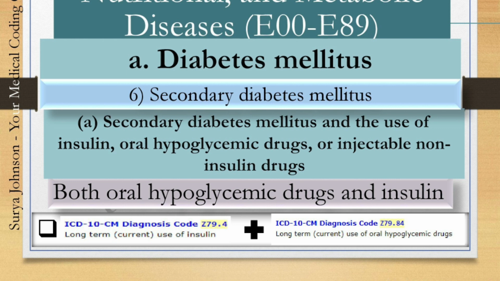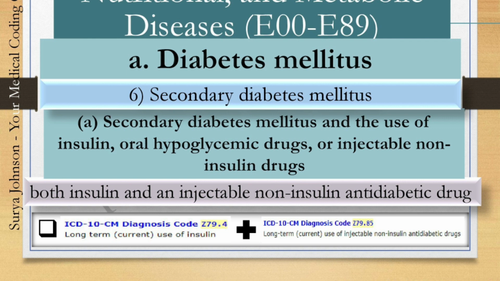So remember, this guideline and that guideline are the same. I'll repeat it, so it will be a refresher for you. First scenario, both oral hypoglycemic drugs and insulin are given. So you'll be coding Z79.4, then Z79.84 along with secondary diabetes mellitus.